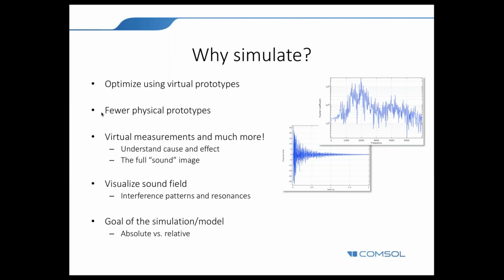You can do measurements like in a real situation, so you can use built-in post-processing features to have a look at the sound of a car cabin or any acoustics related problems. You can visualize, you can get the know-how of your physics, and you can get a much better in-depth look at what you would like to do with your acoustics devices.